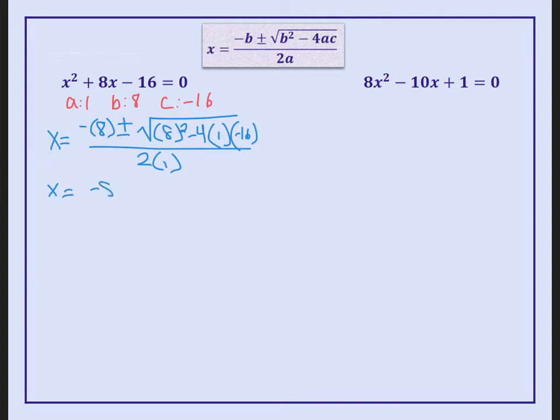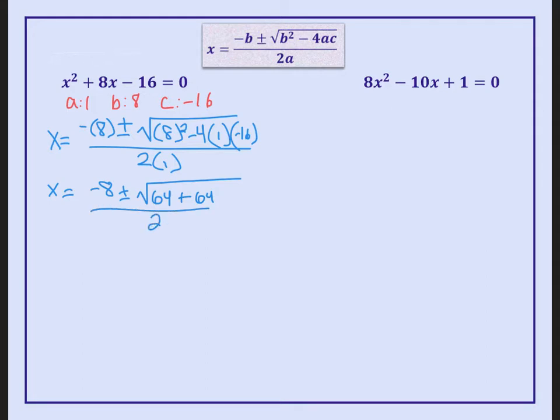Then I have negative 8 plus and minus the square root of 64. And this is where the mistakes happen. This is a negative 4 times 1 times negative 16. That is a plus 64, all divided by 2.